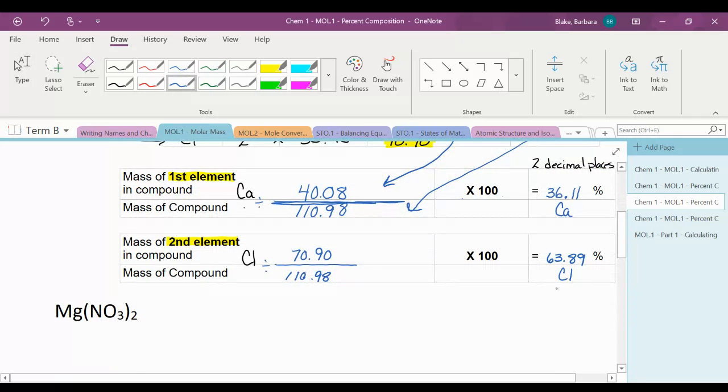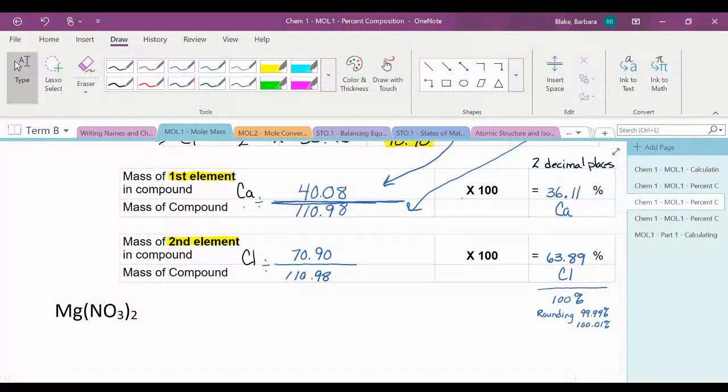And if all percents equal 100, then yes, actually I add these up, and these are going to come out to be 100%. But just a side note, because of rounding, it sometimes ends up being 99.99%, and sometimes it'll end up with 100.01%, and that's still pretty close to 100, so we're fine.